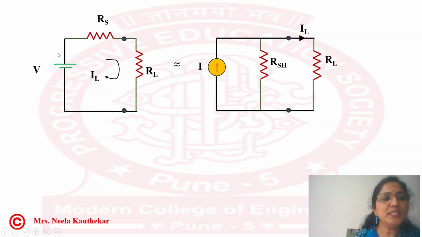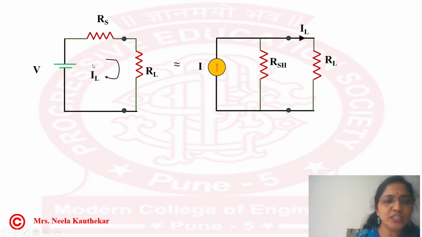So this is our first circuit, that is, the voltage source is connected to RL through its internal resistance RS. In this loop, the current flowing through RL has value IL. How are we going to calculate it?